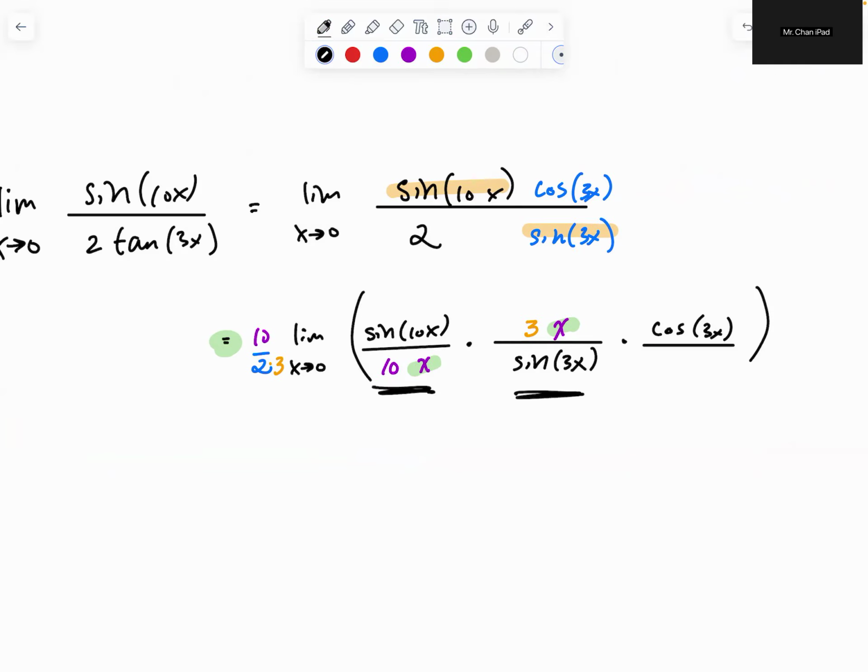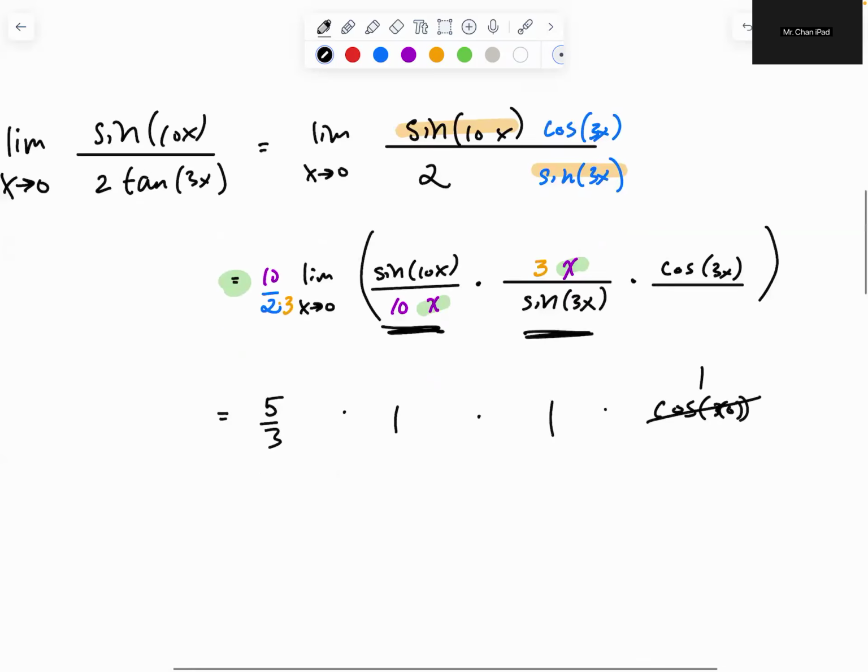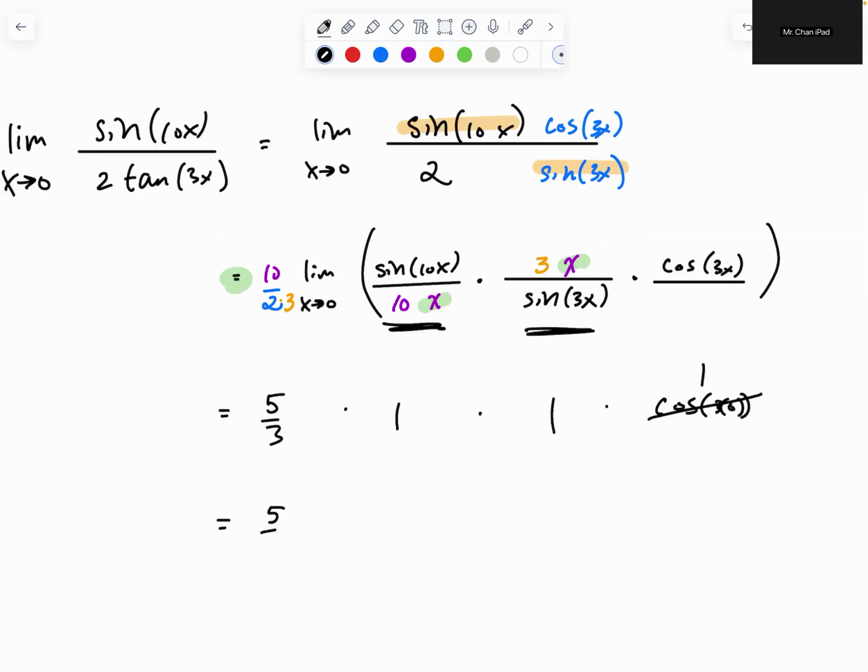The limit as x approaches 0 for the second fraction is also equal to 1. All that's left is the last one, which is cosine of 0, which is also 1. So the final answer is 5/3.